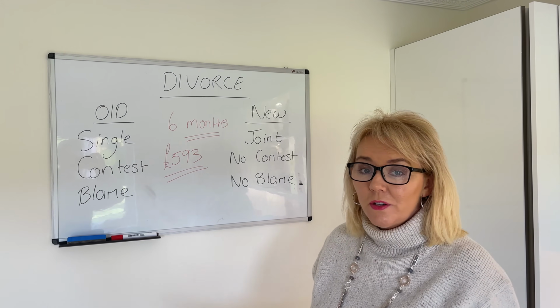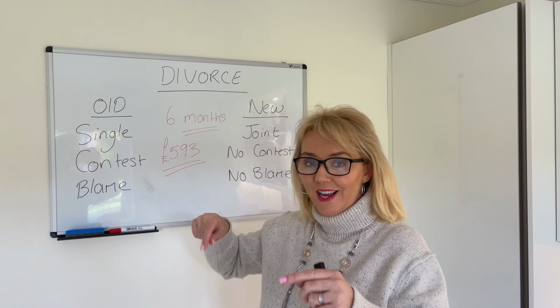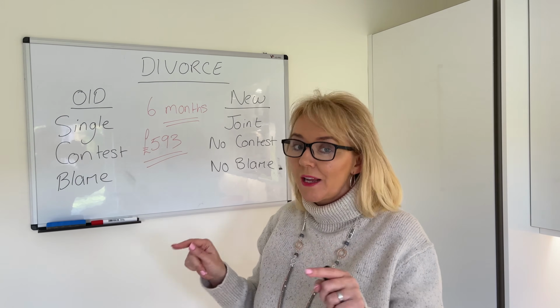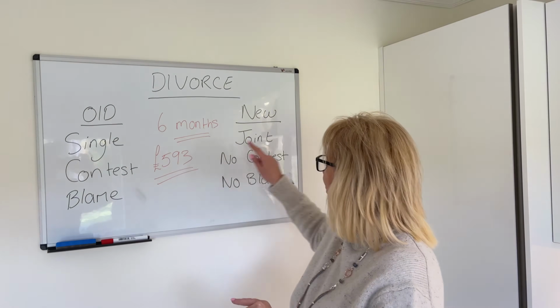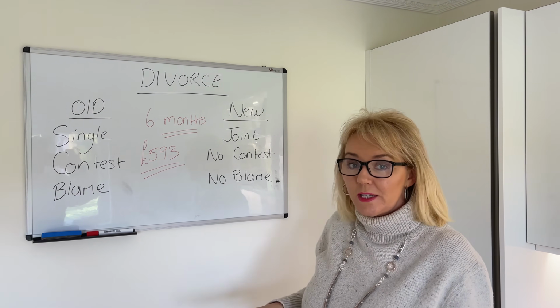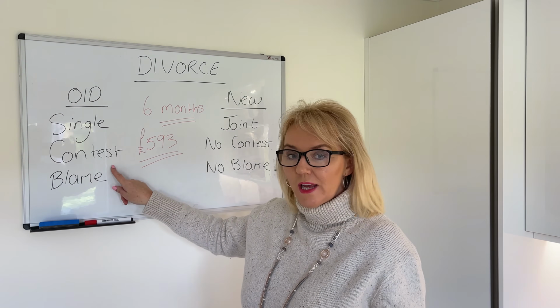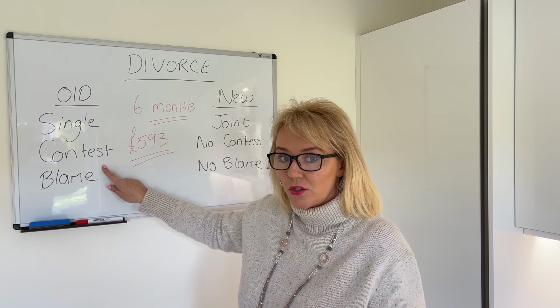So the main differences between the two processes are: the old process, or the current process that we're using at the moment, has to be a single application, so only one of you can put the divorce petition in. With the new process, as of the 6th of April, it can, if you want it to be, a joint application. With the current process, you can contest it, so the other side can contest the divorce.